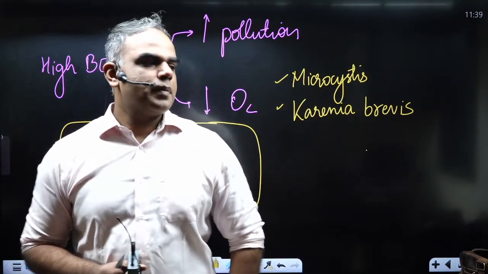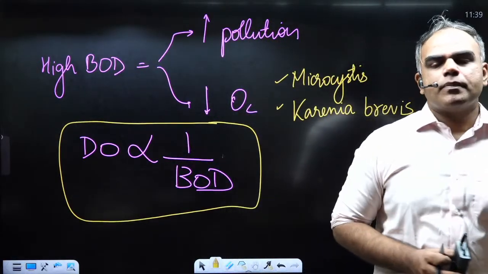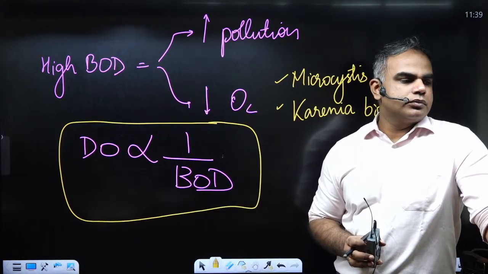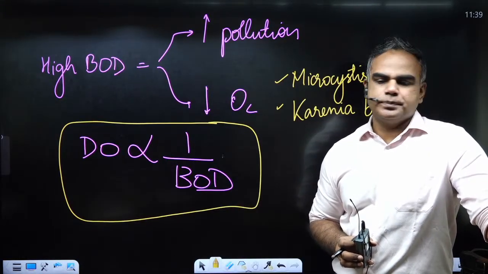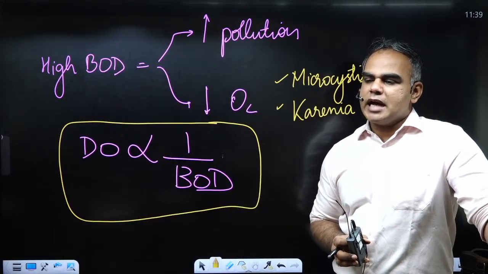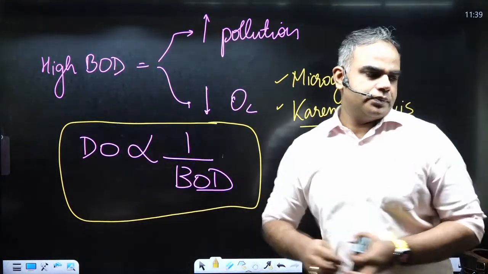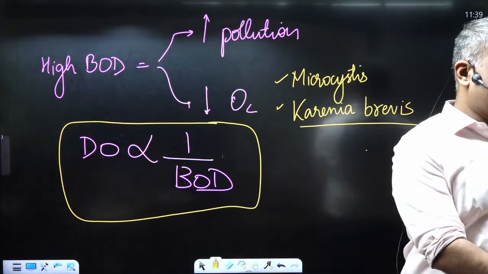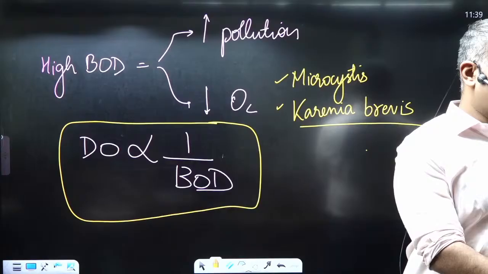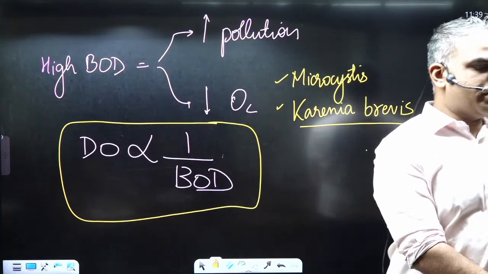Red tides in oceans caused by dinoflagellates like, now you know what are dinoflagellates, caused by dinoflagellates like, and we will write this example, Karenia brevis.